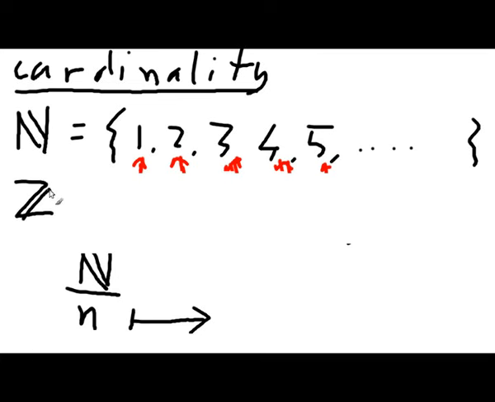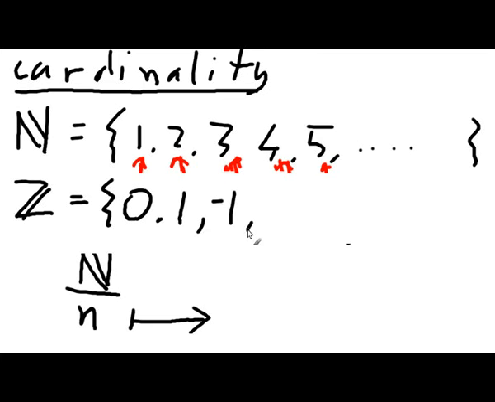So we know the set of integers contains all the natural numbers as well as the negative integers and 0. Typically one would write 0 and all the positive integers on the right of 0 and all the negative integers on the left of 0. But in this case, we'll write the set of integers in this peculiar way, where we'll start with 0 and then write the first natural number, which is 1, and then the following element will be the negative of that natural number, which is negative 1.